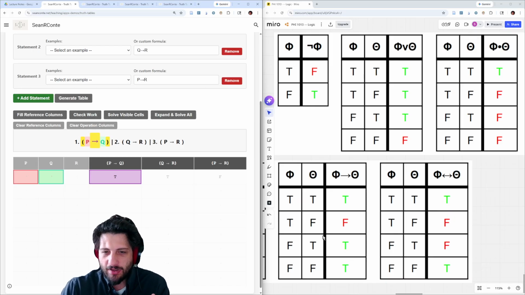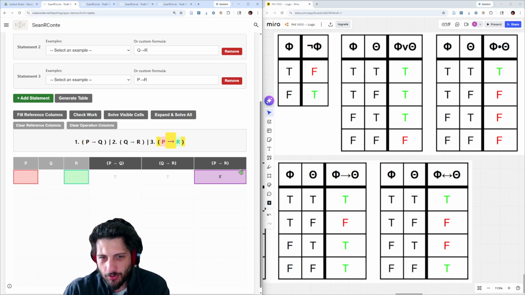So that doesn't really narrow down what my left and right side have to be. But for this last conditional, we're trying to say, what if it was false? We're hypothesizing, pretending for the time being that it's false. And so if this were false, then P and R, we do know what the values would have to be. The only way for if P then R to be false is if P is true and R is false.